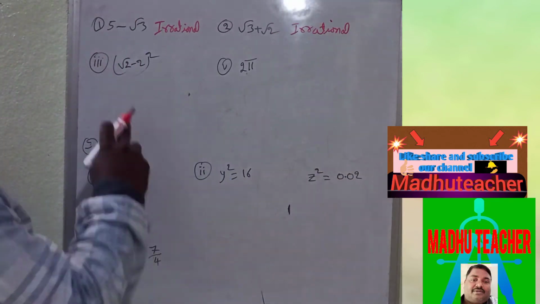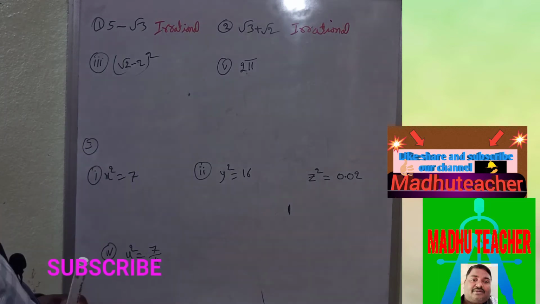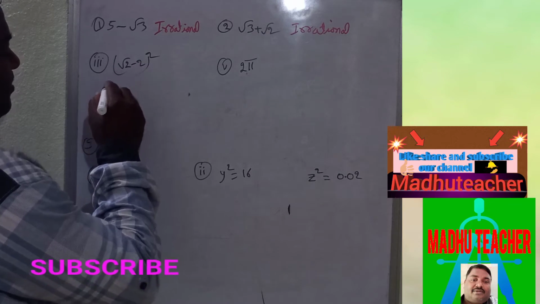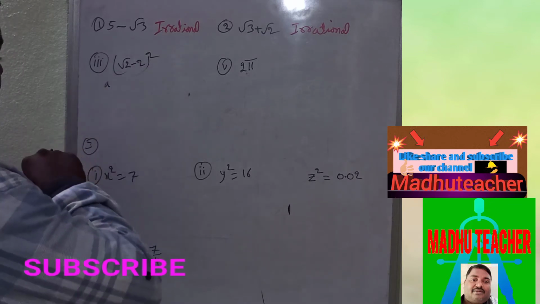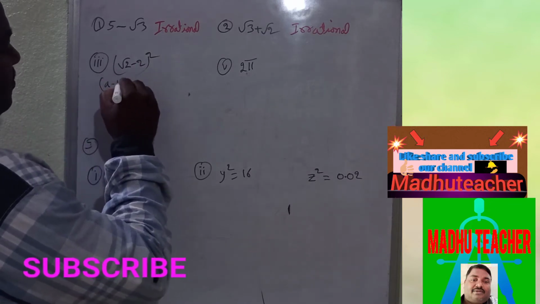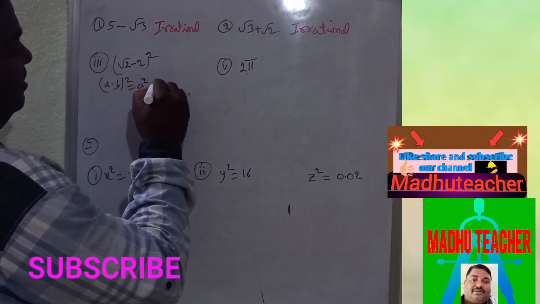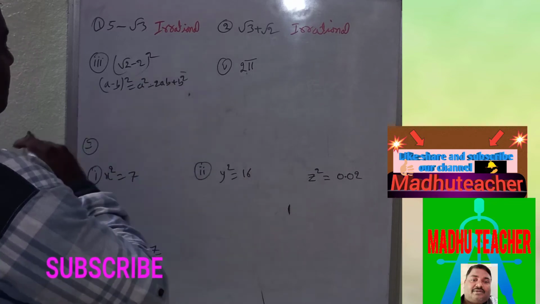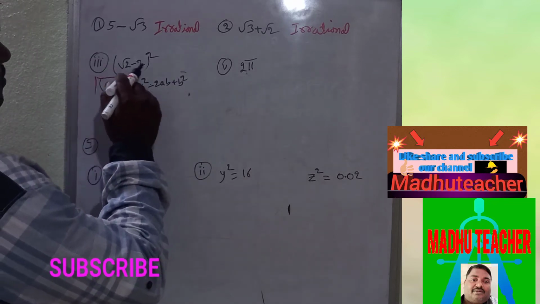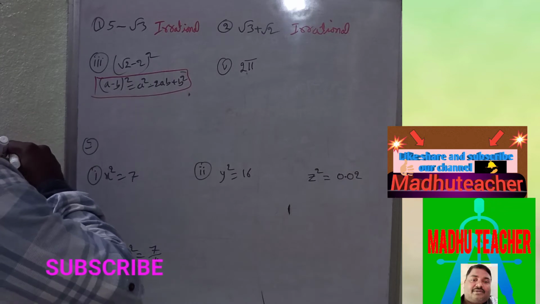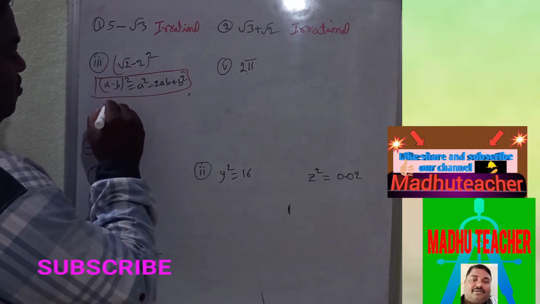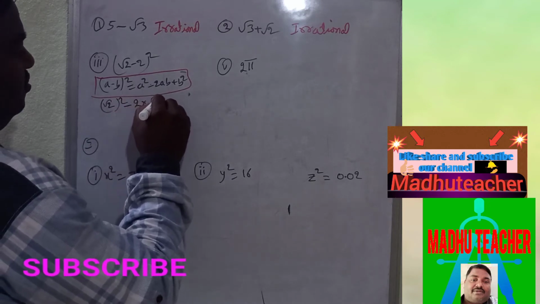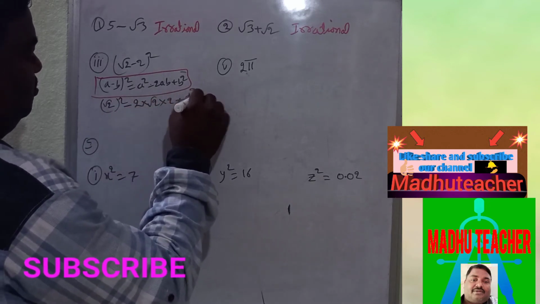Okay. So (root 2 minus 2) whole square. So we have to simplify this. It is (a minus b) whole square, that is a square minus 2ab plus b square. Here a square is root 2 whole square, minus 2ab, 2 into root 2 into 2, plus b square is 2 square.